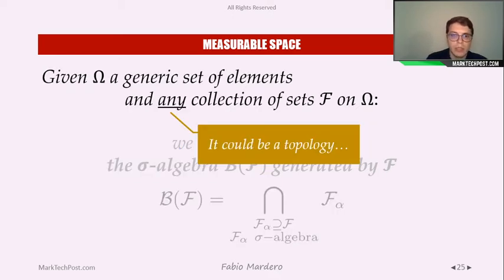And remember that I pointed out that we can take any collection of sets F. So it could also be a topology. A topology is a collection of sets on a generic set of elements.